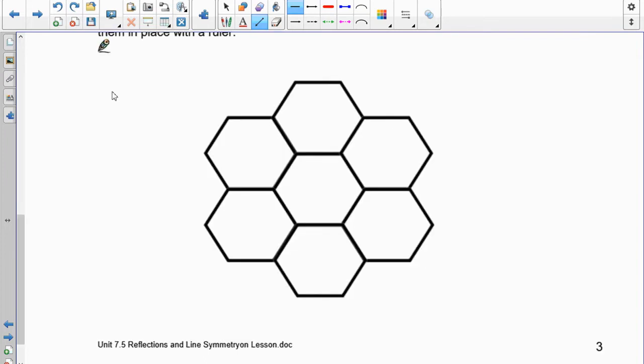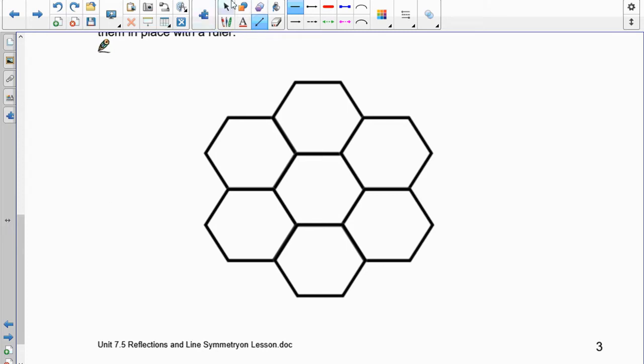Now, in this situation, I've got more than one component here. I've got hexagons, and I now have 7 of them: 1, 2, 3, 4, 5, 6, 7, and they make another pattern. So what I want you to do is take a look at this, use this as a whole unit, or a whole drawing, and put the lines of symmetry on that.